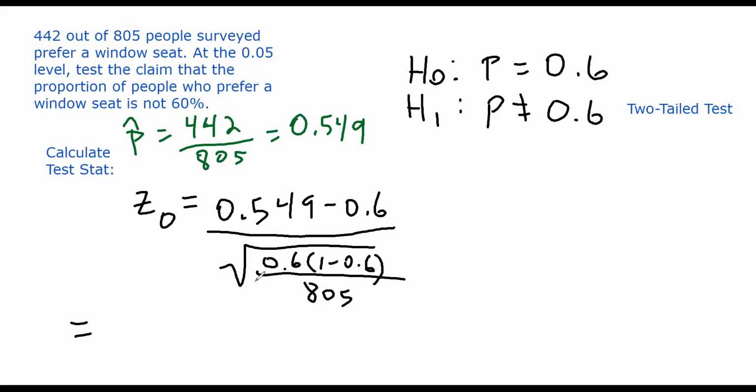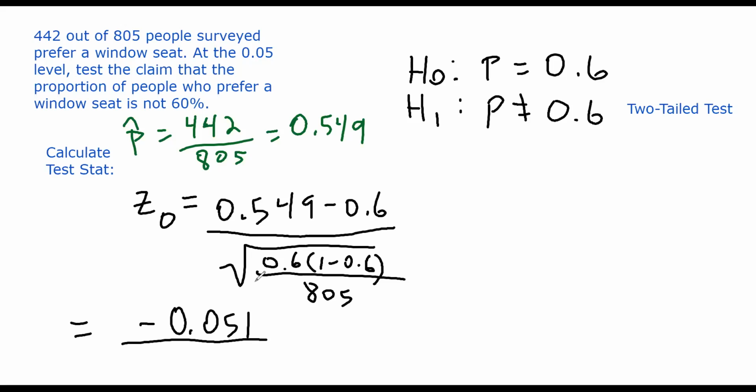The numerator is negative 0.051. The denominator is something I will tell you in just a moment here.